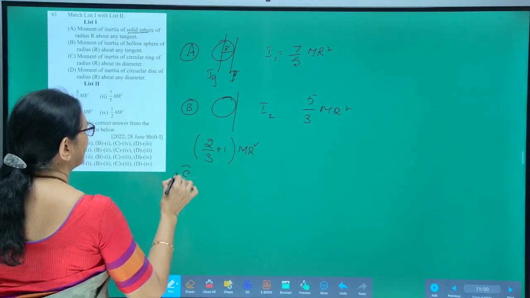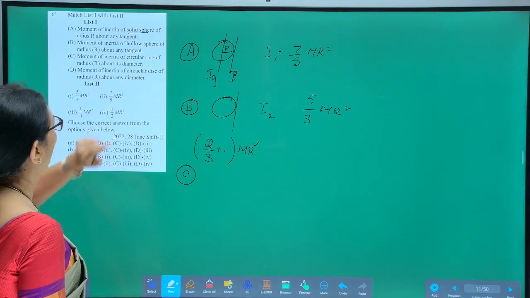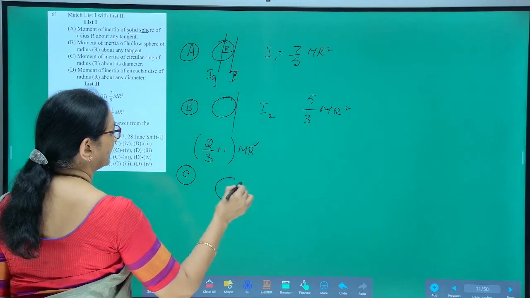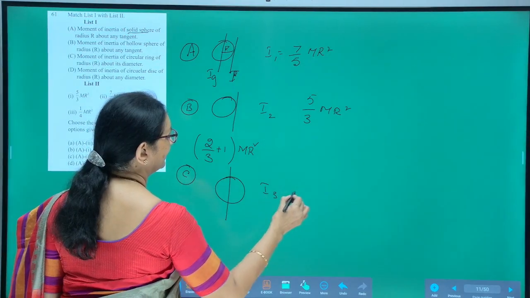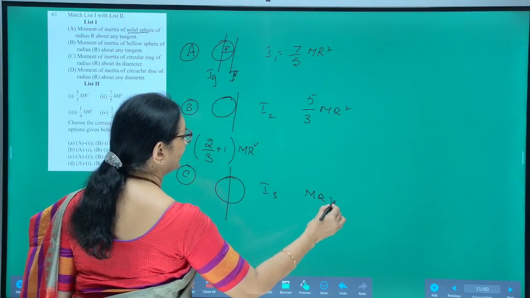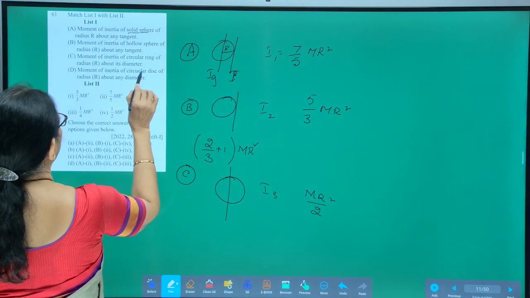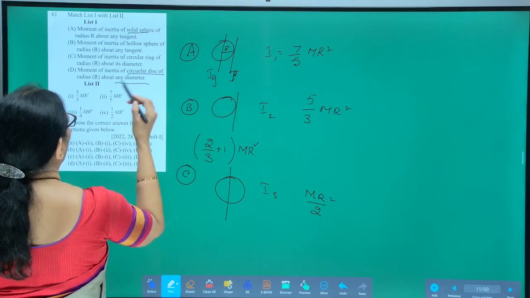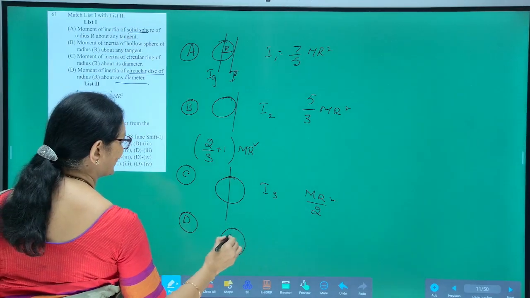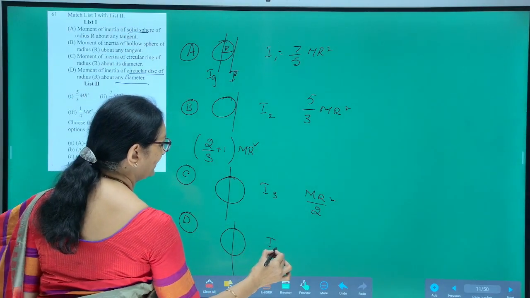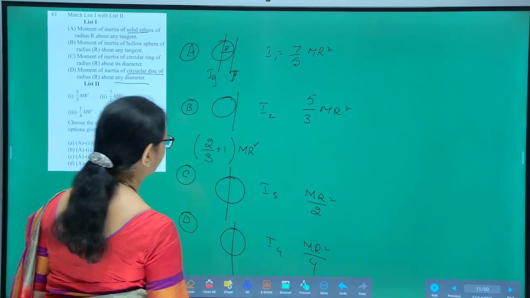And the next one is the moment of inertia of a ring about its diameter, that is mr square by 2. And the fourth one is the moment of inertia of a disk about any diameter, which is mr square by 4.